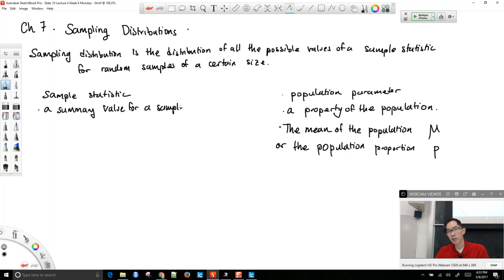We take a random sample out of the population, and we can calculate the mean of the sample, the sample mean, which we call X bar, or the sample proportion.